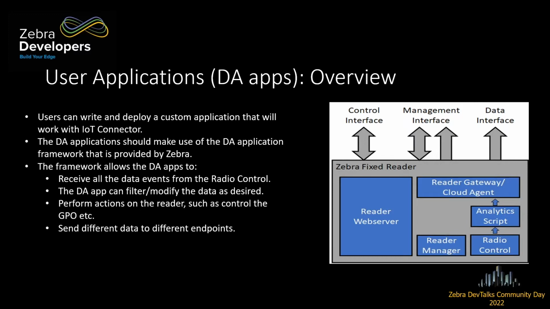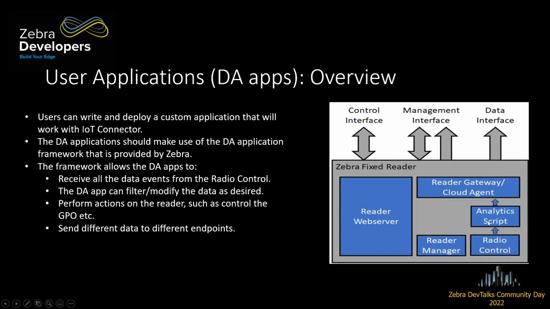Now, the other use case that the analytics script can satisfy is real-time control. In many cases, you would typically want to control the GPOs on the reader based on certain events. So say, for example, if you read a particular tag that you were interested in, and the idea is to control the GPO whenever that tag is read, all that business logic can be embedded within the analytics script.